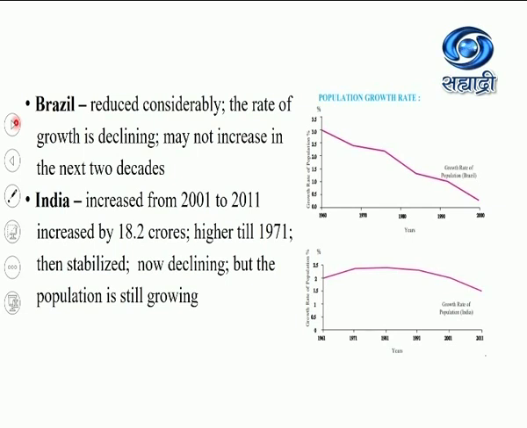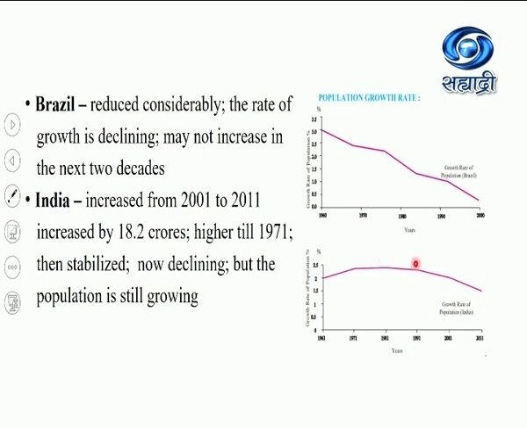But in India it has increased from 2001 to 2011, and somewhat it is now being controlled. It increased by 18.2 crores. The population rate was very high, with a high birth rate, maybe till 1971.